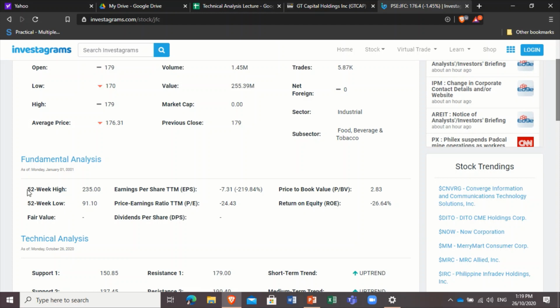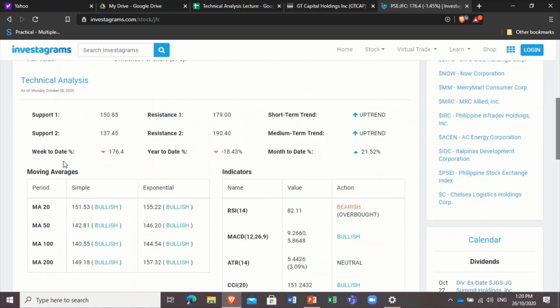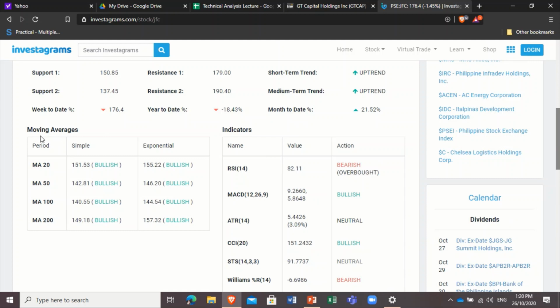Obviously naman, 52 weeks, this is a particular period na kung saan na-record yung pinakamataas at pinakamababa. And then we also have the moving averages in a period of 20 days, 50 days, 100 days, and 200 days.